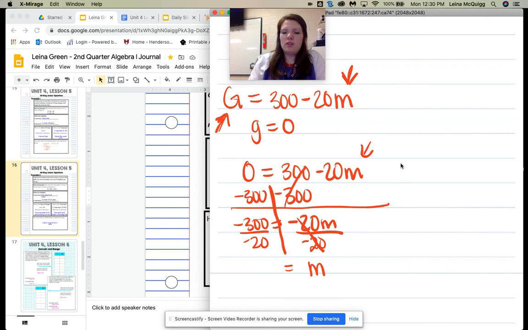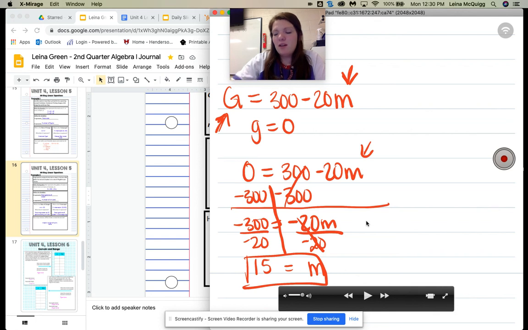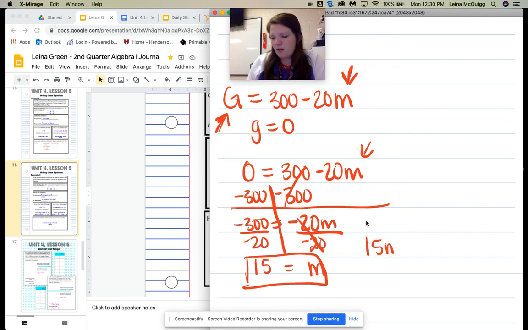Then I have negative 300 divided by negative 20. Type that in my calculator, and I'm going to get 15. That makes sense. 20 goes into 100 5 times, right? 5 times 3 is 15. So it took me 15 minutes to drain the tub.